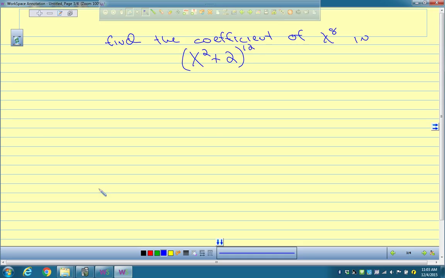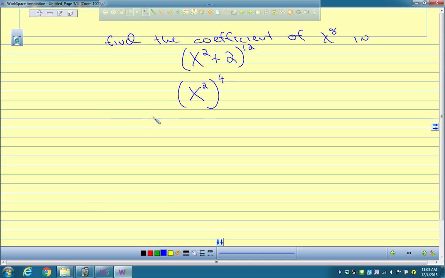And you say, I don't know how to do that. But I do know that if I took x squared and raised it to some power, I would get x to the 8th. What do I need to raise x squared to get x to the 8th?